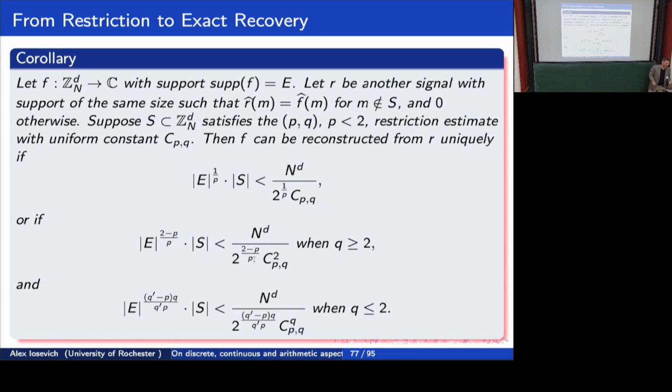Okay? So once again, we can get exact recovery results from restriction results or from annihilation inequalities results, and they are less stringent conditions for a generic choice of lost frequencies.